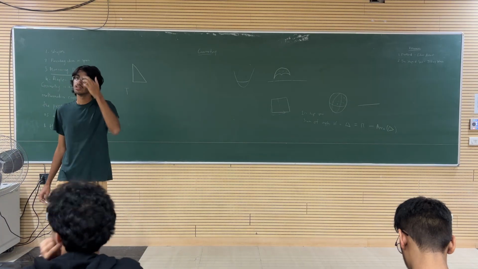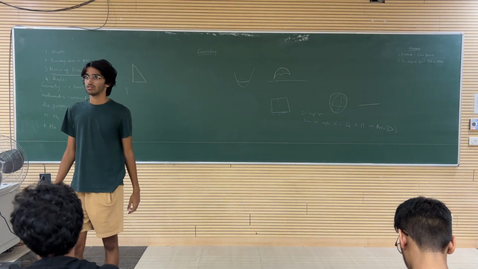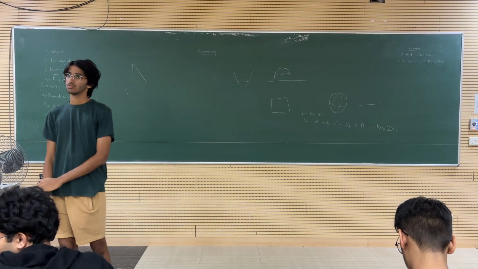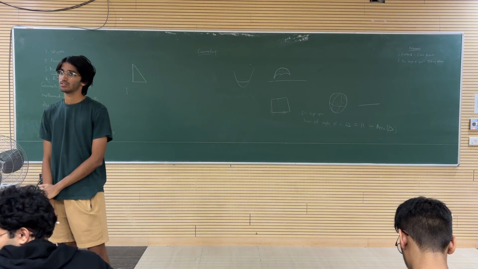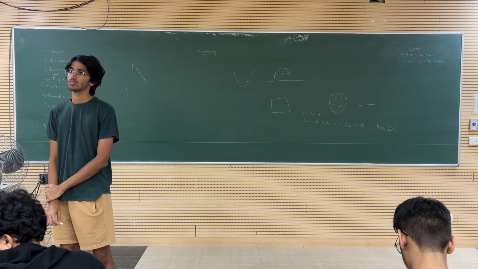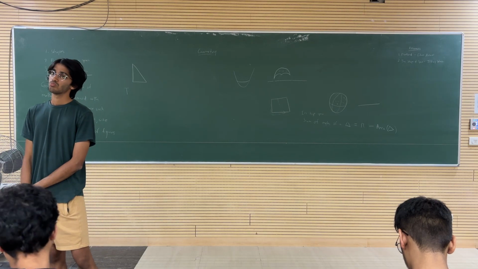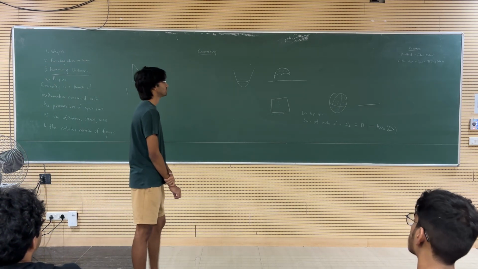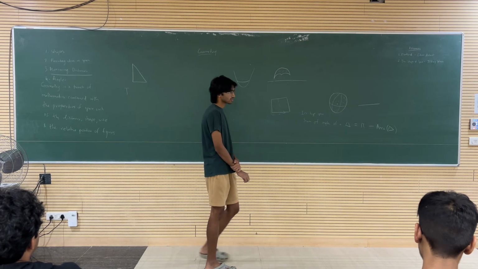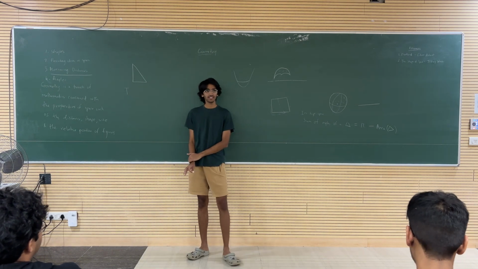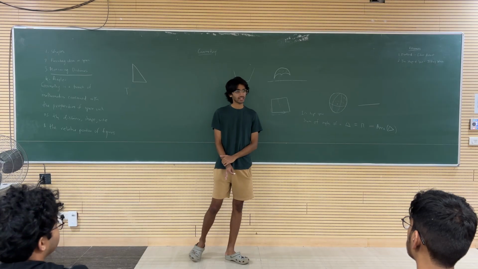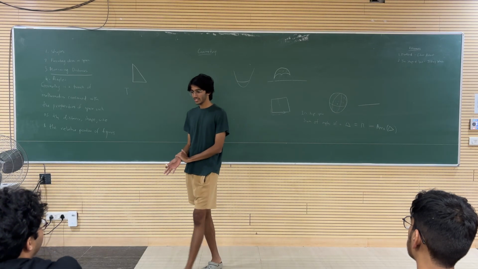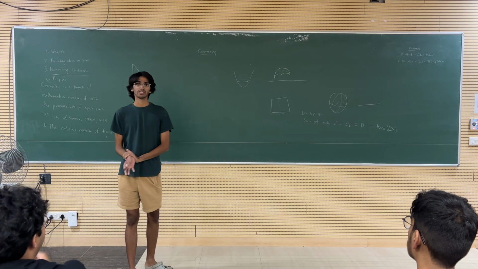If you have a space where every triangle has angle sum 180 degrees, can you say something like it is isometric to this plane? So the question is: if the angle sum is 180 degrees everywhere, can we say that the space is isometric to Euclidean space?